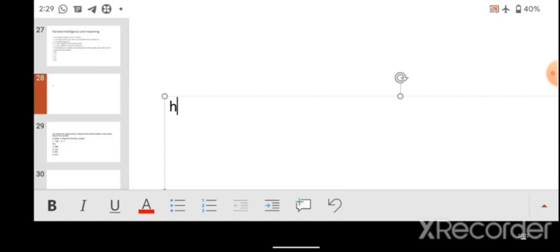So H is twice as heavy as K. So H equals 2K. And what else is given?